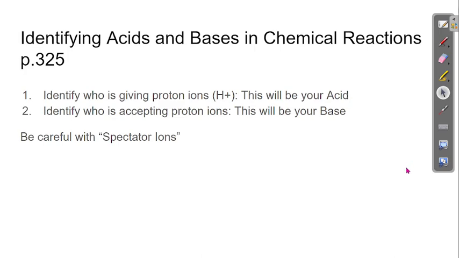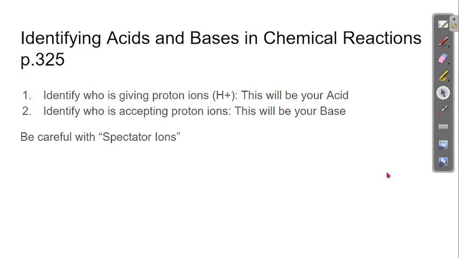Now, you will need to be able, for this section of the module, to identify acids and bases in chemical reactions. Page 325. Follow along, okay? So number one, identify who is giving that proton ion, that hydrogen ion. Remember that another name for a hydrogen ion is a proton.